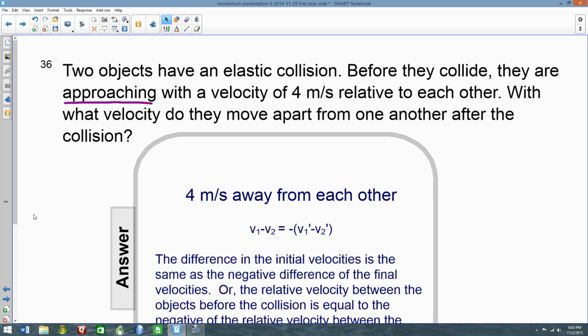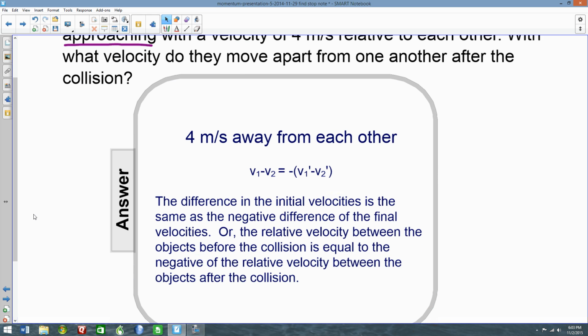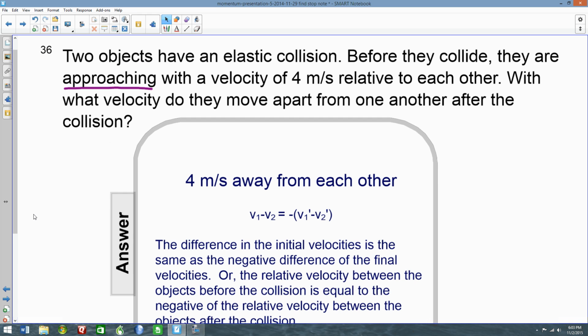Because the masses are equal, we have two objects, well, actually it doesn't tell us that they have equal mass. But since they're approaching both with the same initial velocity, we're going to assume that they also have the same mass. That's really not something you want to do. You really want to make sure that they do have the same mass before you make that kind of assumption.